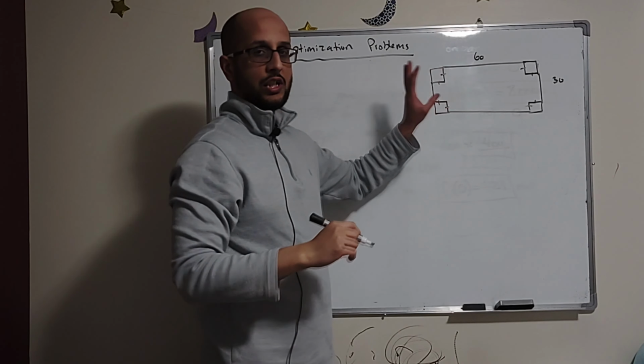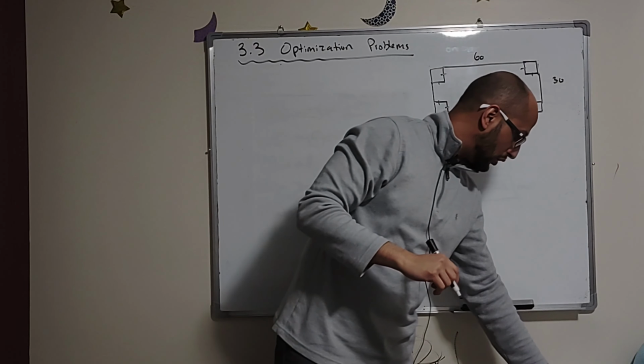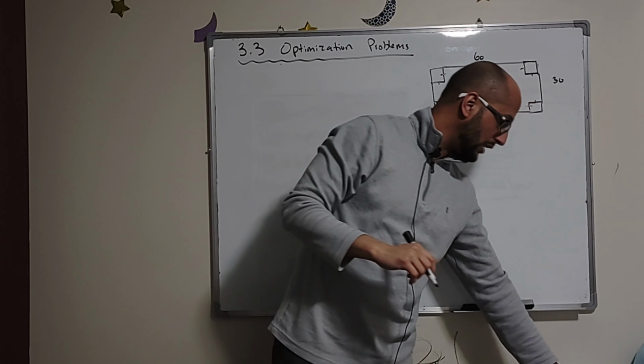Now, what the question is asking for is to determine the dimensions that will give the largest volume. So what do we need? We need an equation for volume. And once we have the equation for volume, we can determine what the optimized value would be.